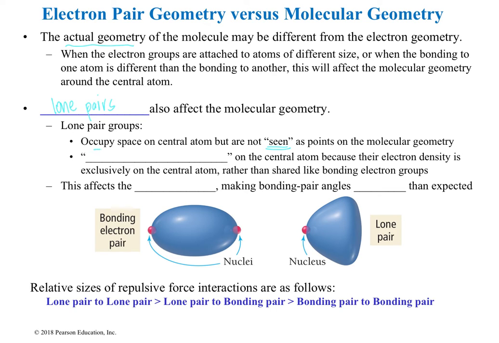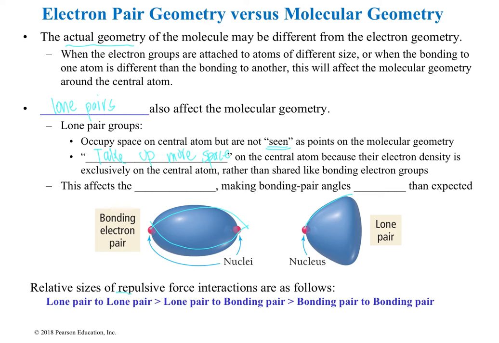So when electrons are in lone pairs, they're not bound to another atom, so they're not localized, so they can actually take up more space than when the electron groups are in a bond. When we have a bonding pair, they're connected to another atom, so they're kind of localized, so they don't take up as much room.